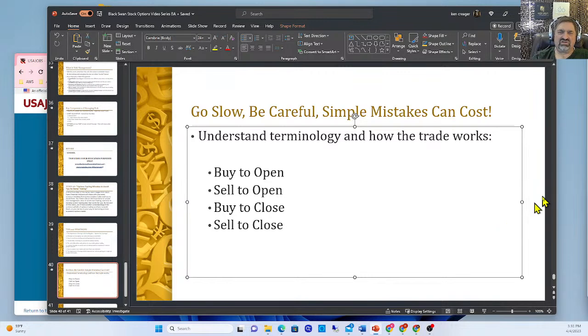So that's just a simple example, because if you do this backwards, for example, say you thought you were going to sell a call on a position and you get something wrong and you end up selling a naked call, your exposure to that actually could be unlimited. So again, be careful, do simple things, start small.